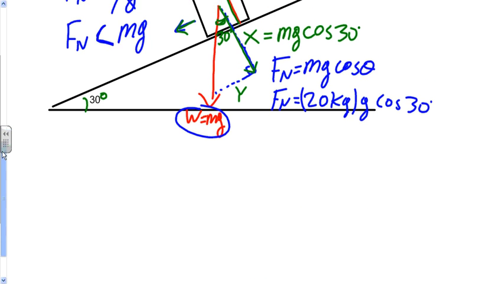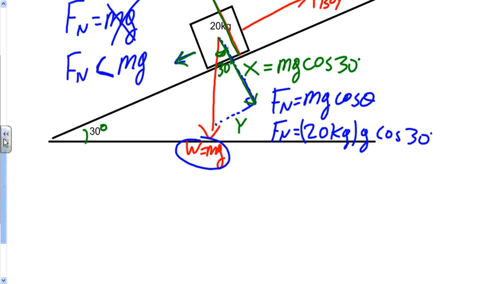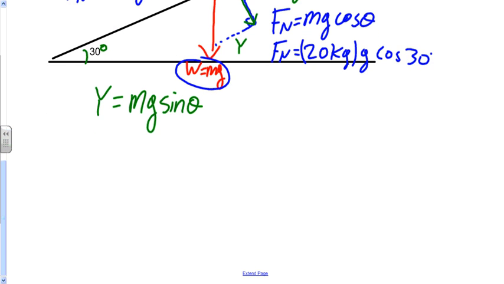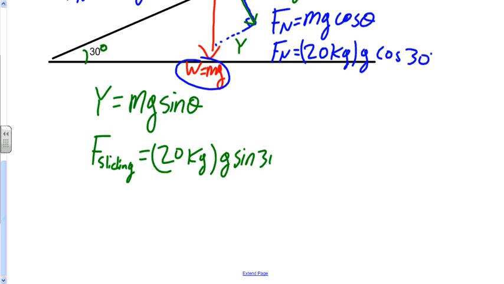Well, looking at the triangle again, we see it's opposite to the angle. And again, if mg is our hypotenuse, we know that y equals mg sine of theta. So in this case, the sliding force, the amount of the weight that's pulling it down the incline, equals 20 kilograms times g times the sine of 30 degrees.